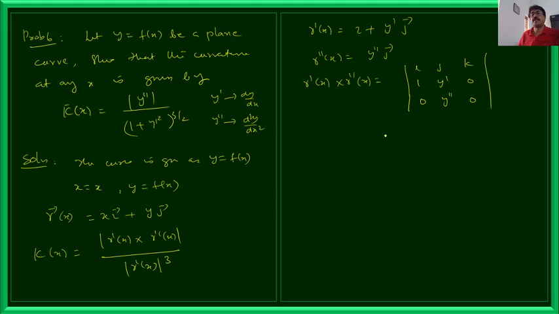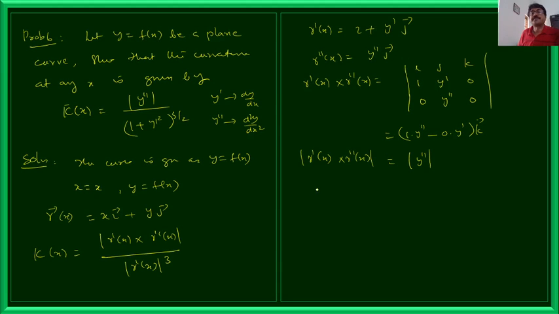So expanding this with respect to the last column k, you will get 1 into y double dash minus 0 into y dash into k. And therefore, modulus of r dash x cross r double dash x is equal to modulus of y double dash, since modulus of k is 1.